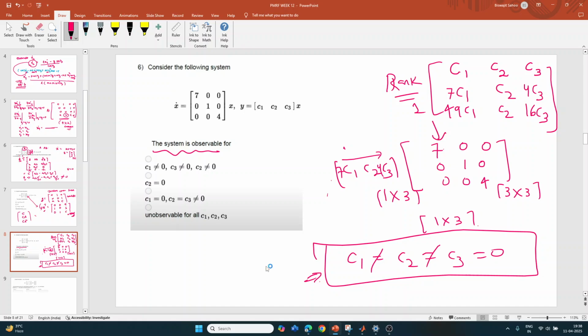By looking at the system, I can see the rank is equal to 1, because 7C1, C2, C3 and so on are just multipliers.